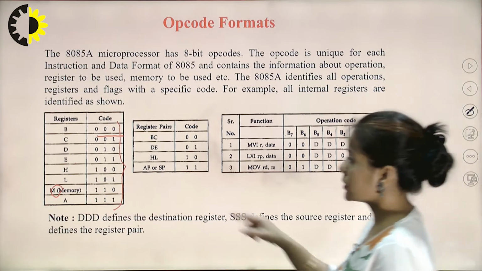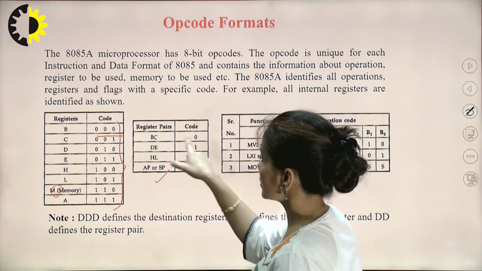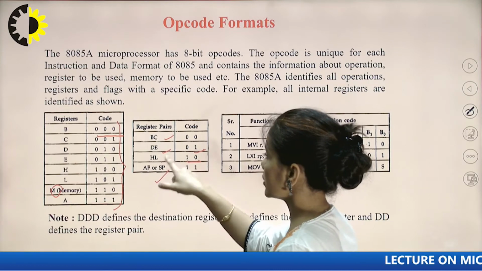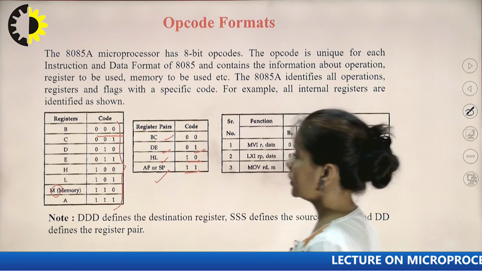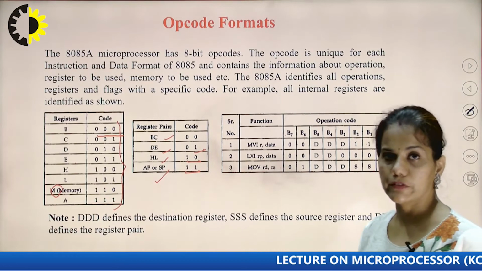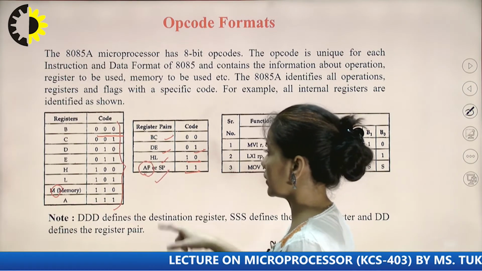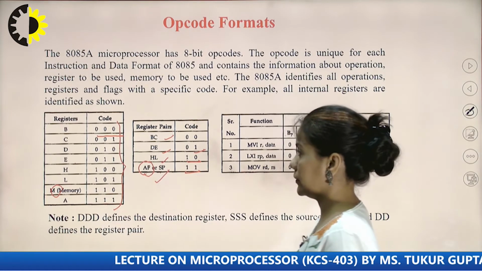When we talk about the register pairs, the code is 00 for BC, 01 for DE, 10 for HL, 11 for accumulator and flag, that is the program status word. This is the combination of accumulator and flag register, and this is stack pointer.